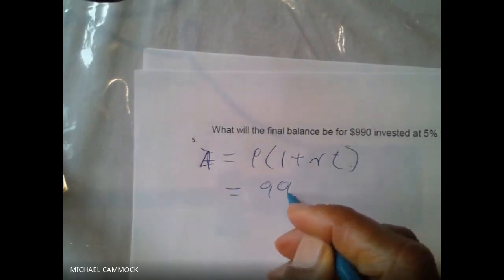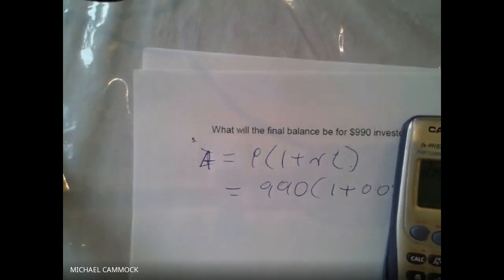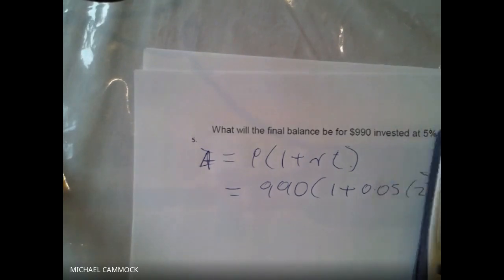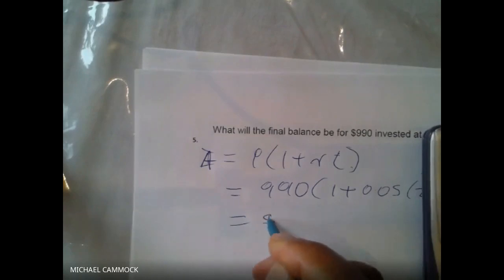So it's 990 times 1 plus the rate, 5%, 0.05, multiplied by 2. Okay, so that's what I'm going to put on my calculator. So 990 times bracket 1 plus 0.05 multiplied by 2, 1089 is what I'm getting.